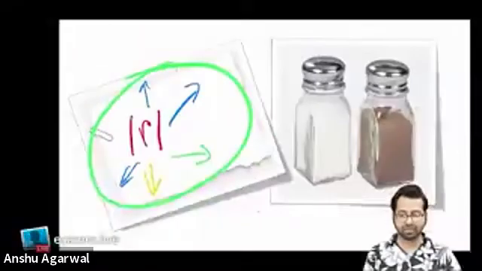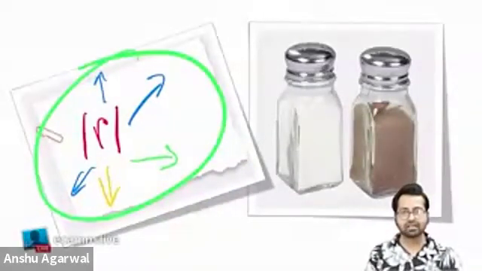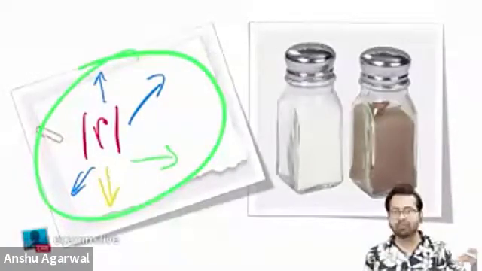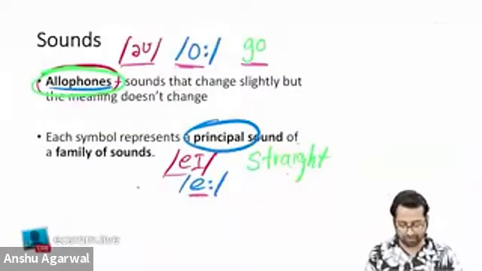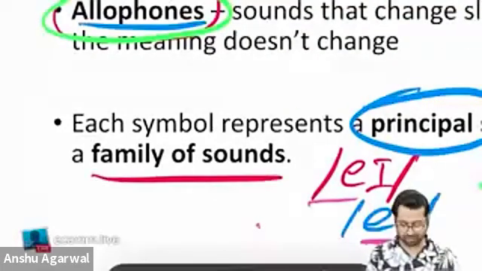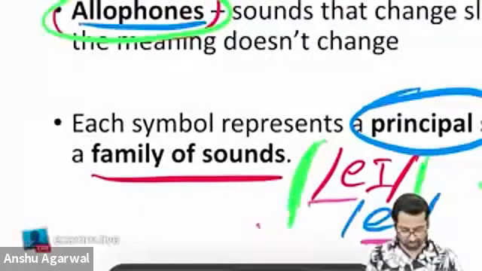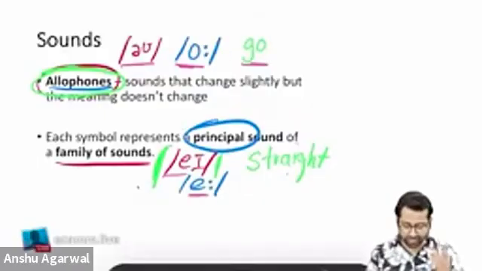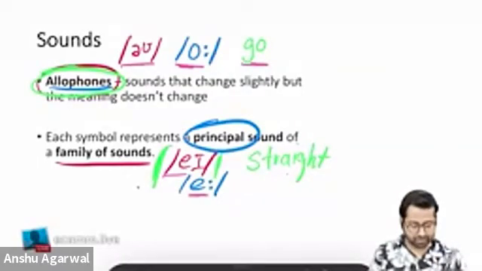So one sound that could be the leader of the family that mean the same thing, right? All the allophones, the family of sounds, I mean all the allophones here. So each symbol, so we're talking about symbols here, right? So this is the aim of today's lesson.